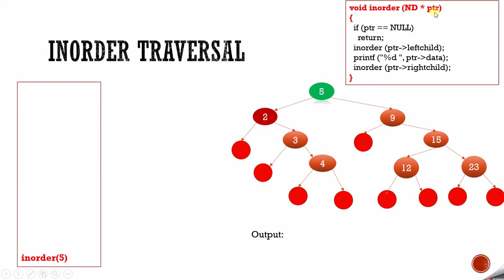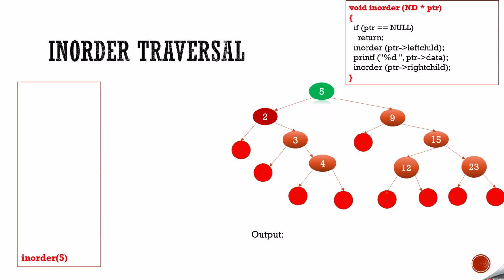Basically at the very beginning we are going to pass the root node. Here we are actually sending the address of the node, but to understand this picture, for simplicity, instead of using the address I am using the node that I am visiting. So the first node that I am sending is 5. Naturally it will remain in the stack.